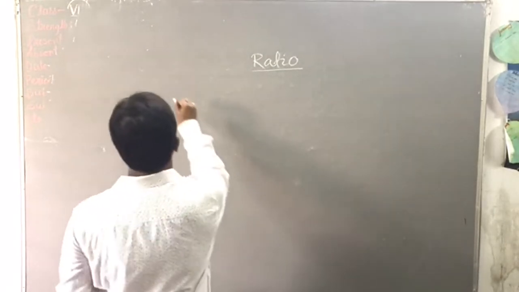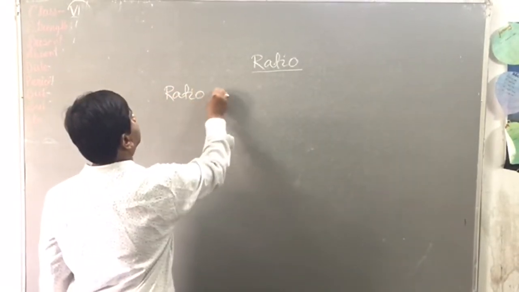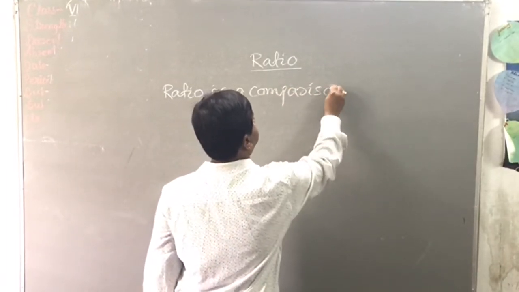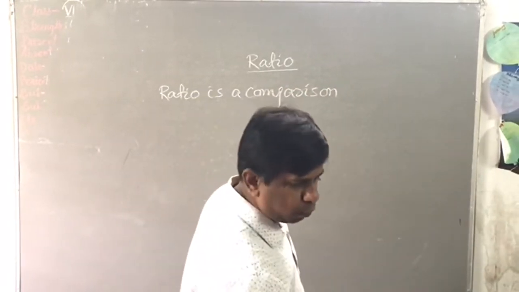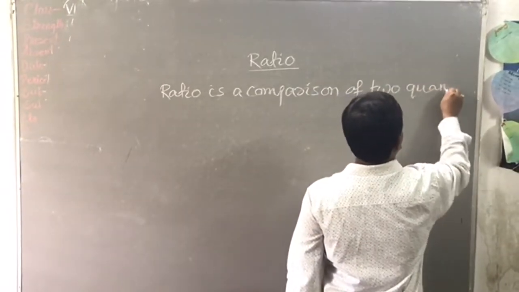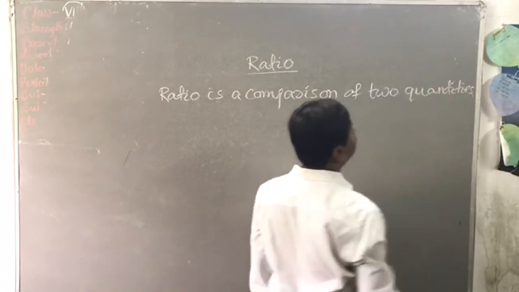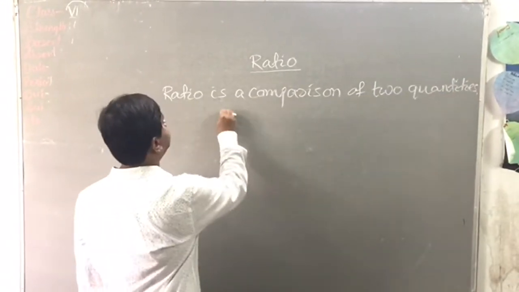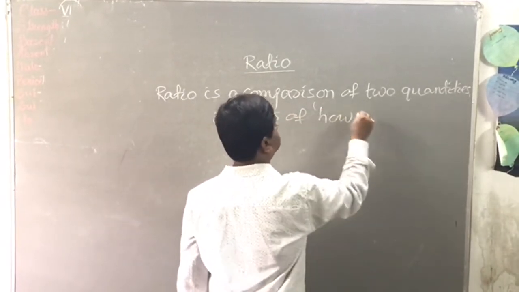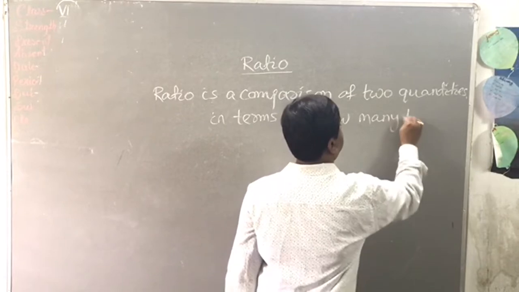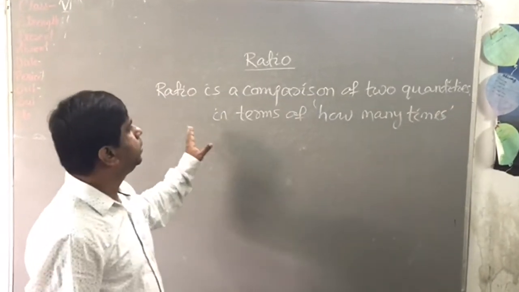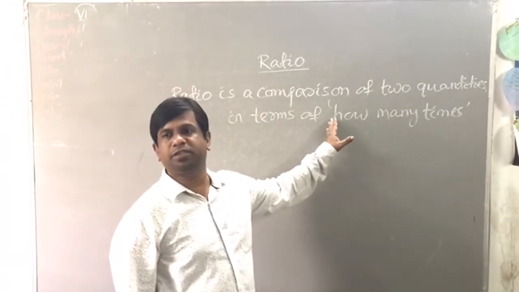Ratio is a comparison of two quantities in terms of how many times. That means it is a comparison of two quantities by the method of division.